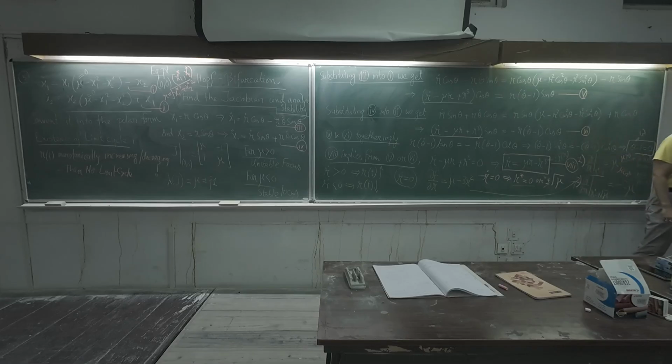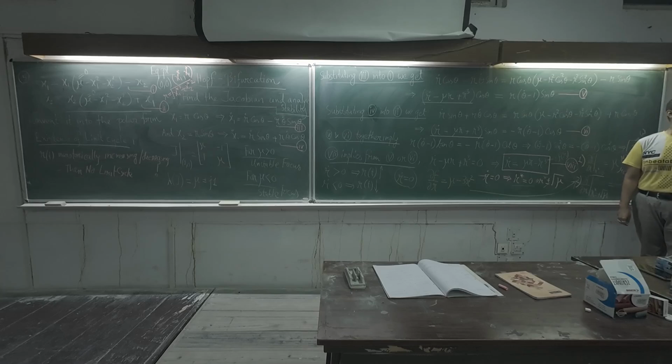Are you getting? Previously I portrayed it as a Jacobian, but please don't think of it as a Jacobian, because it may create some confusion. Think of it as a function, and we are checking the maxima and minima.